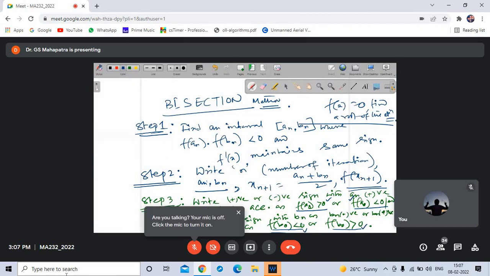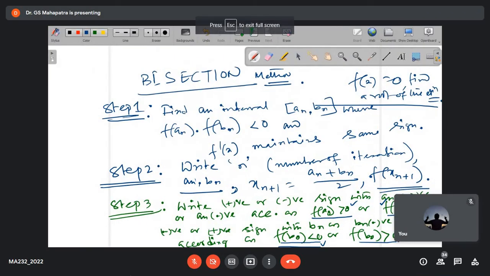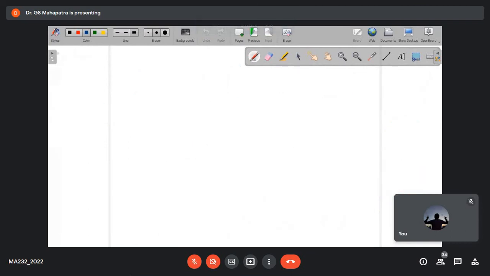Now if we consider the next step, step 4, the final step, I will not write all these terms. I will write in a mathematical short form. How to write xn plus 1?